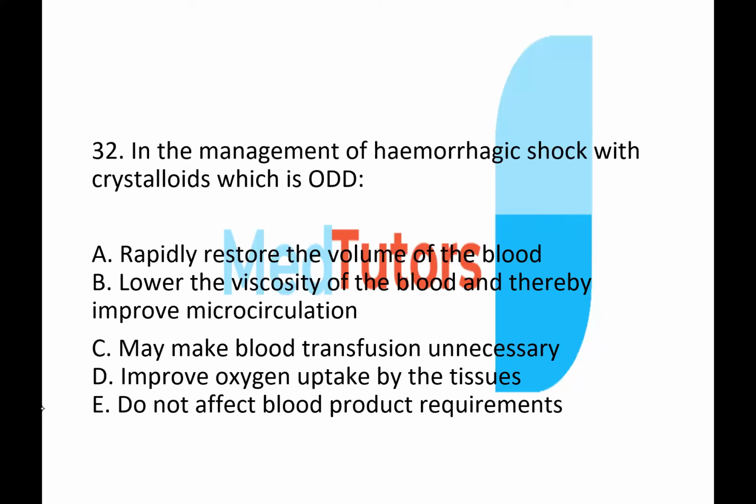And if you give colloid, it will remain in the intravascular space. Once you give crystalloid, only 1/3 remains in the intravascular space, 2/3 moves into the interstitial space, enhancing microcirculation and delivery of oxygen to tissue.